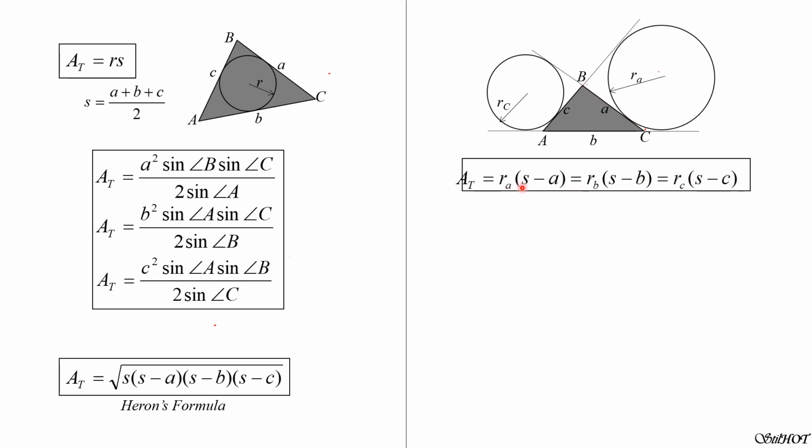So S again is half the perimeter, A plus B plus C divided by 2.